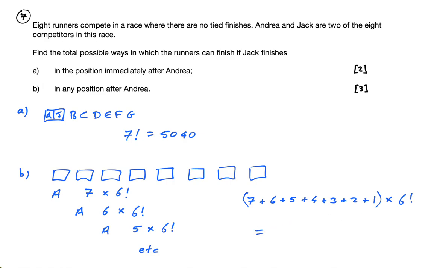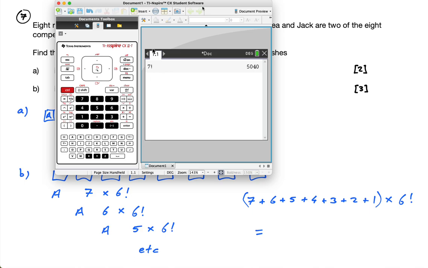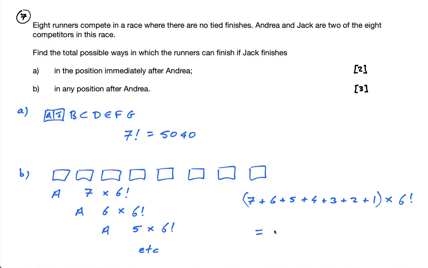Okay, I hope that makes sense, guys, because that is confusing. Okay, so I'm just literally going to go 7 plus 6 plus 5, hopefully you know how to do this without a calculator, plus 4, plus 3, plus 2, plus 1, times 6 factorial gives me 20160.